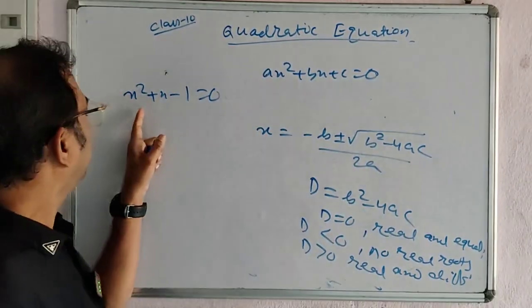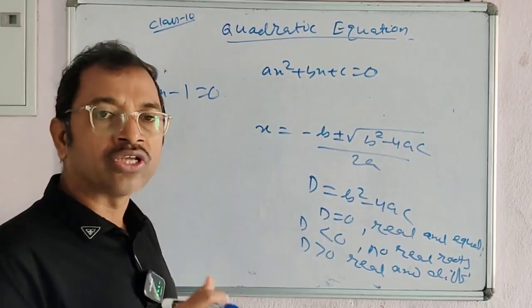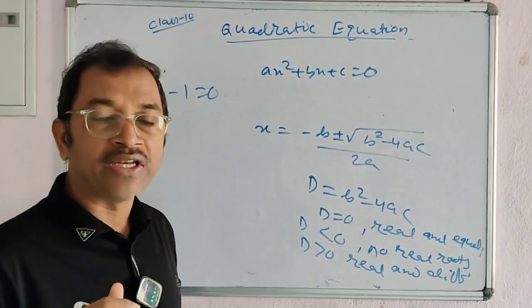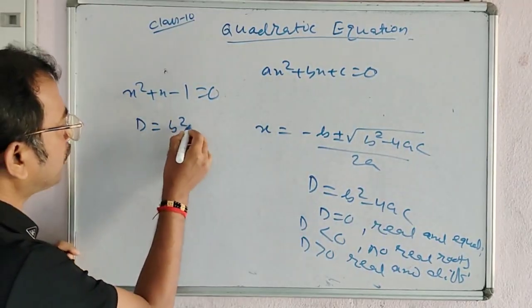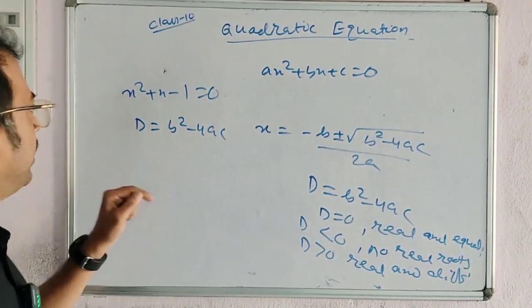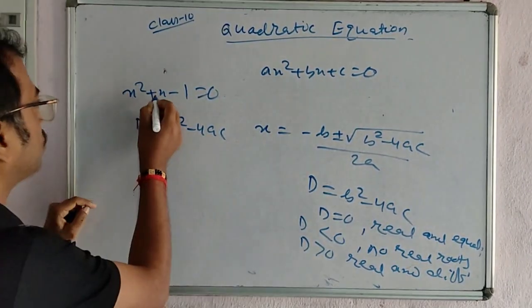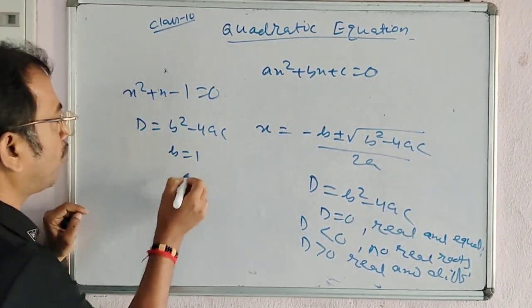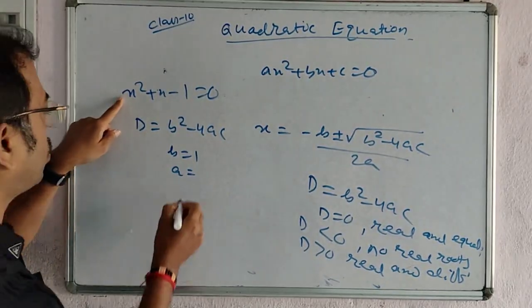An equation is given: x square plus x minus 1 equal to 0. According to the question, find the nature of the roots. How do you find the nature of the roots? So you have to find D. So D is what? b square minus 4ac. Sir, what is b? b is the coefficient of x. What is the coefficient of x? 1. Nothing means 1. So b equal to 1. What is a? a is the coefficient of x square. Its value is also 1.